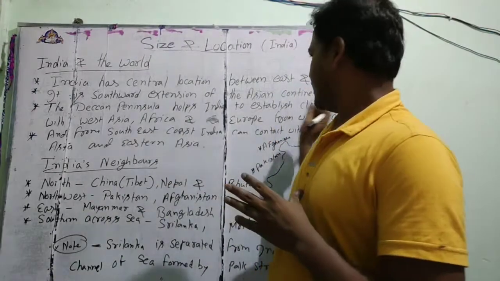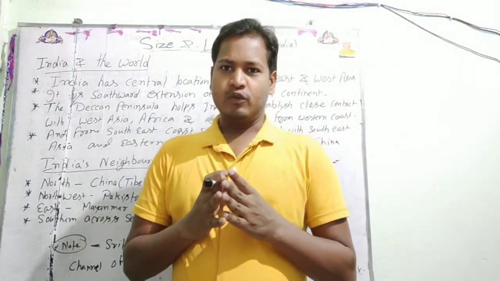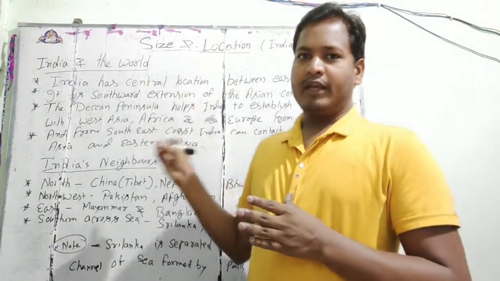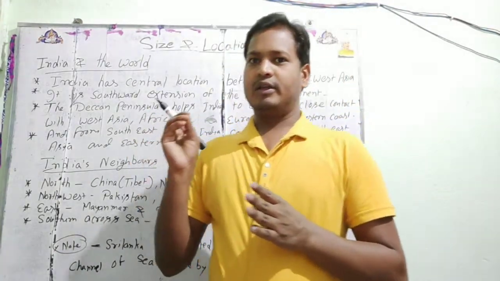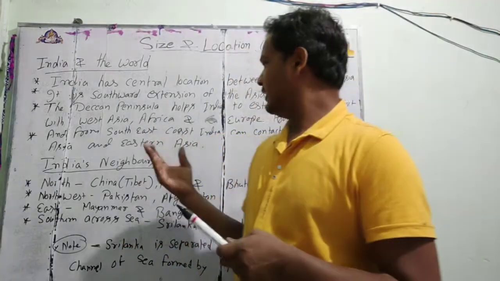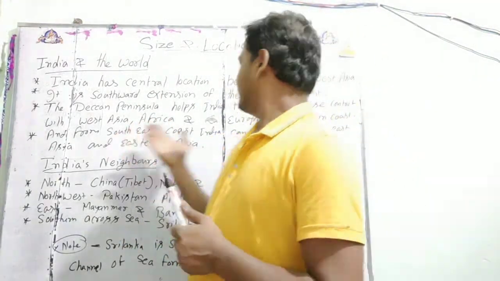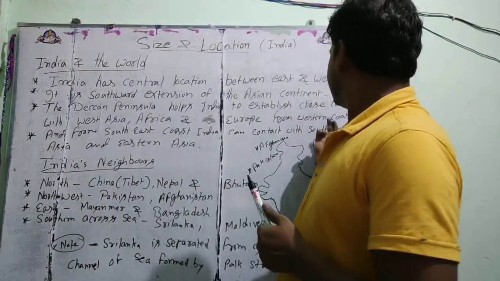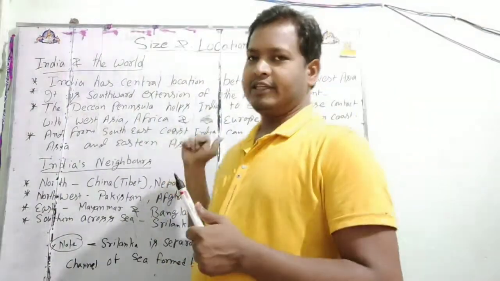From the western coast of the peninsula, and from the eastern coast of the peninsula, India can contact other countries such as Southeast Asia and Eastern Asia.